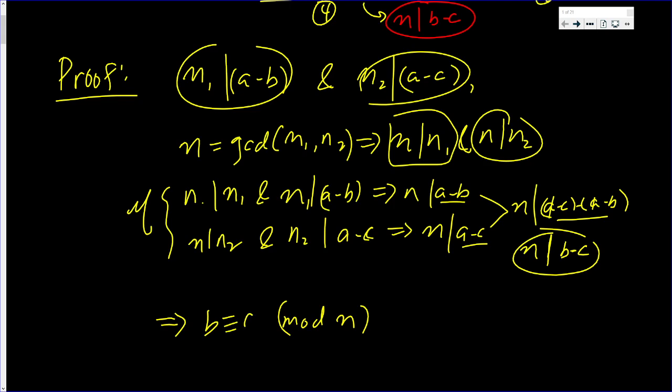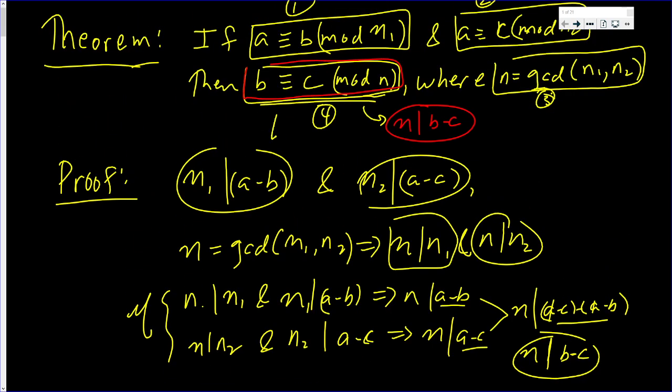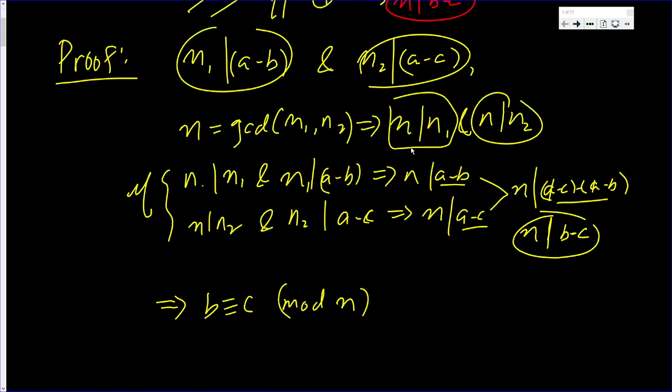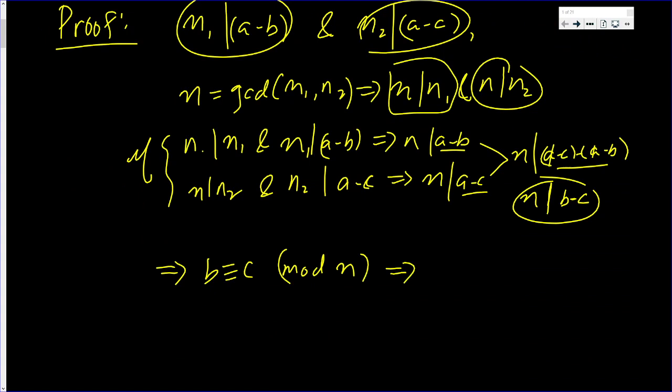But possibly they didn't ask that. They could have asked that C is congruent to B. And then I would have said that that implies that C is congruent to B mod N. But they didn't ask that, so let's not do more. Remember, if you do more than you need to do, and the more has an error in it, then your proof is invalid.